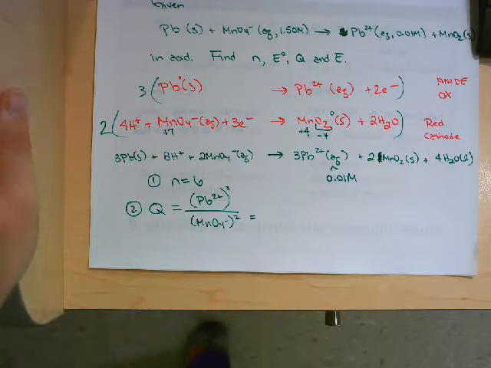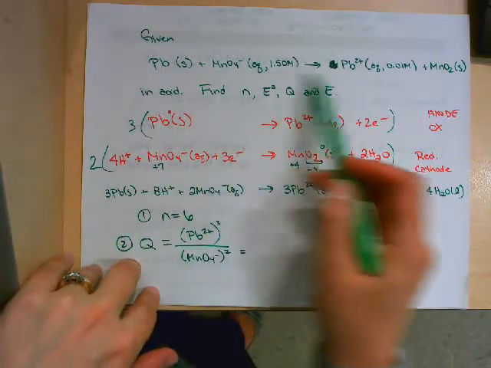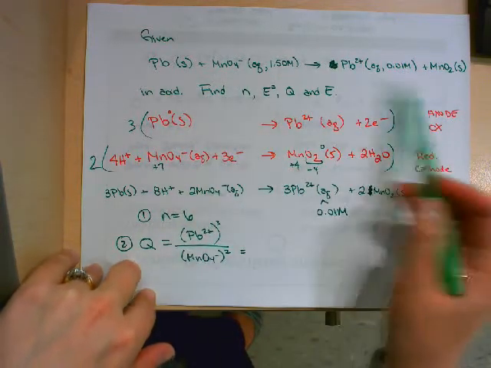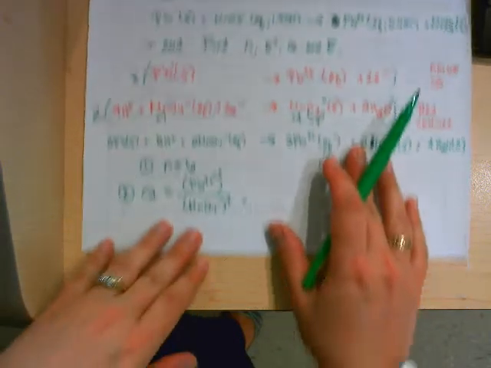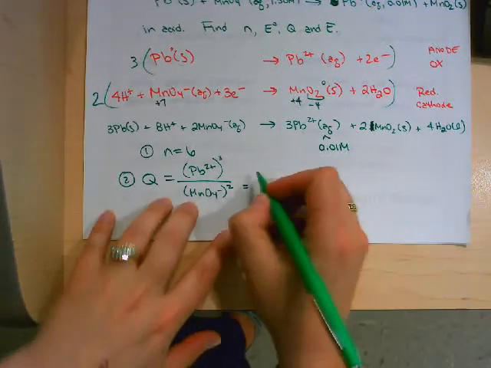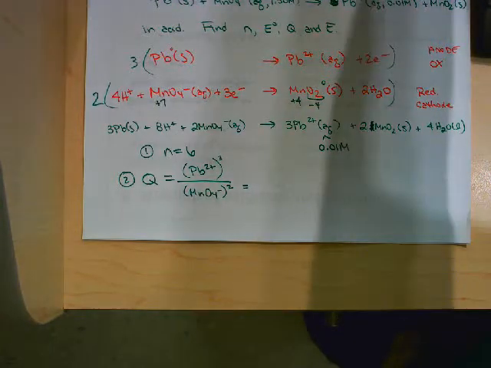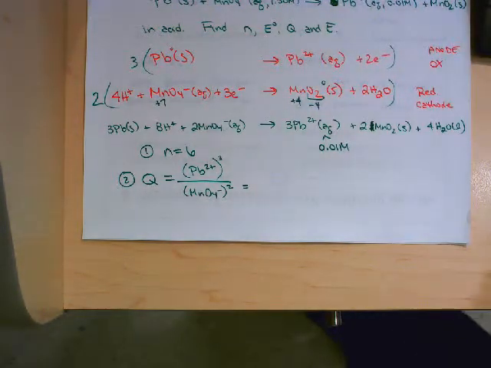So I always double check, right? Looking up here, I was like, oh, well, it's not mass and charge balanced, so I don't want to do Q yet because I don't know what the exponent should be. Oh, it was already mass and charge balanced. Why did you do that?